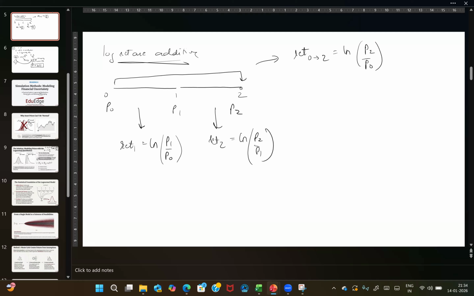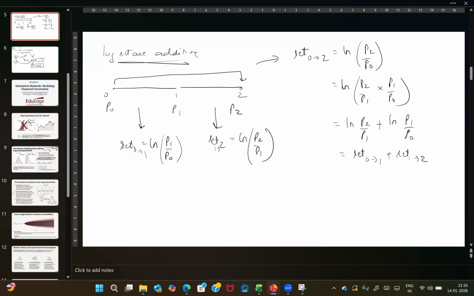So ending price divided by original price. Now I can realign this as p2 by p1 into p1 by p0, and then I can separate the two logs because log of a product is equal to the sum of logs, and this we know is nothing but return 0 to 1, and the other is return 1 to 2.